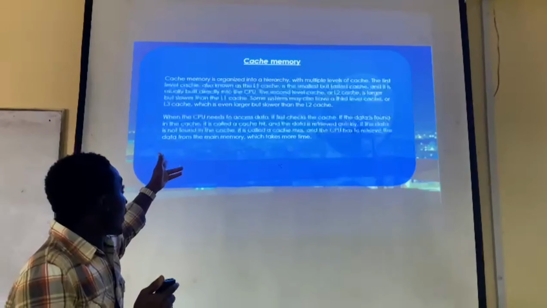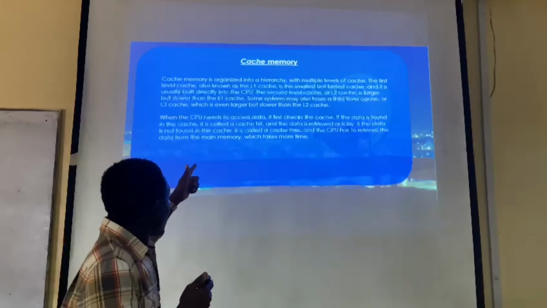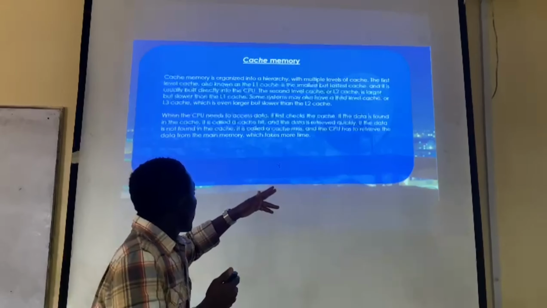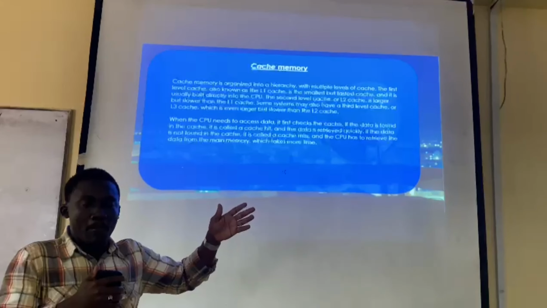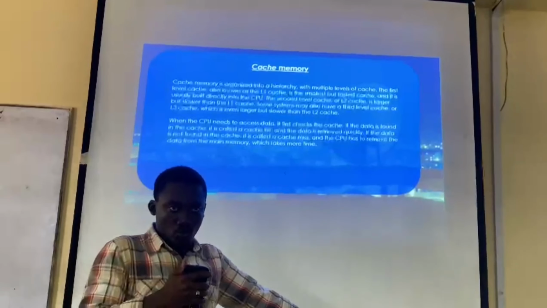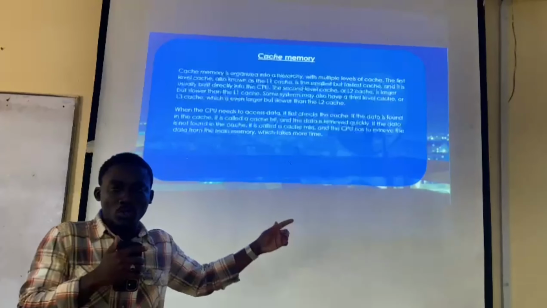And we have the L3, the third level cache that is mostly used in modern computers, but it's larger than L2 and slower than L2. So I'll end here, and my other colleague will continue from here.